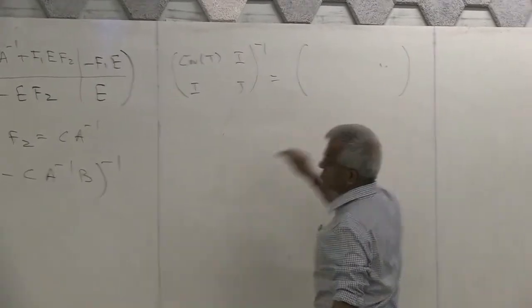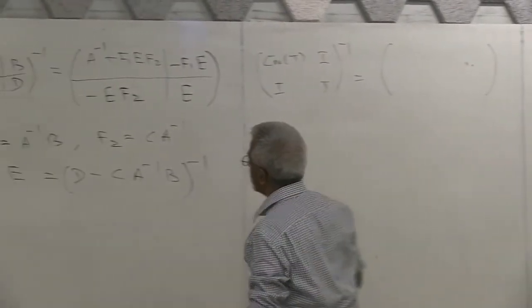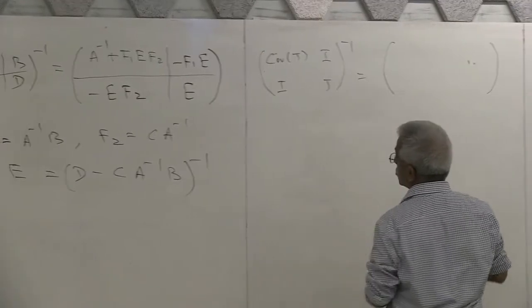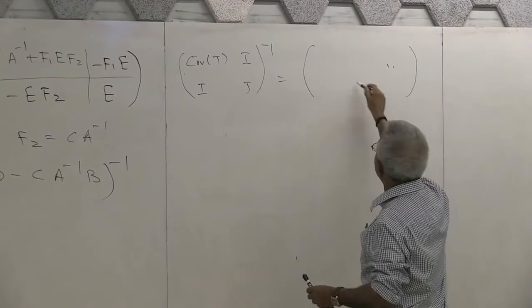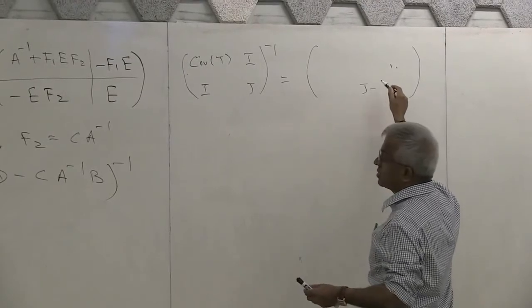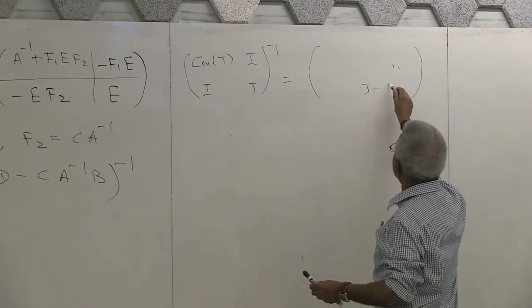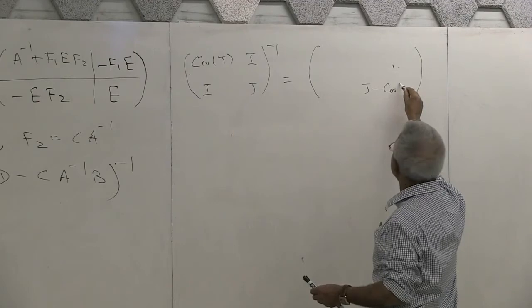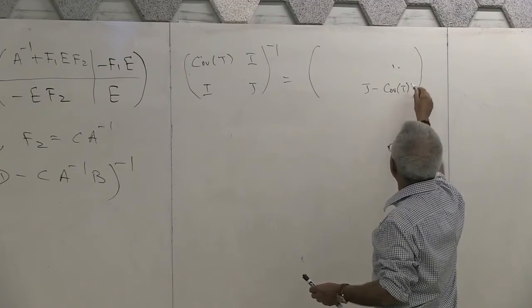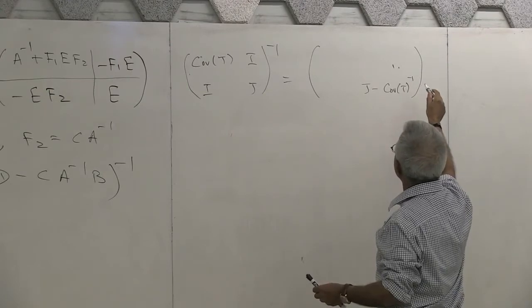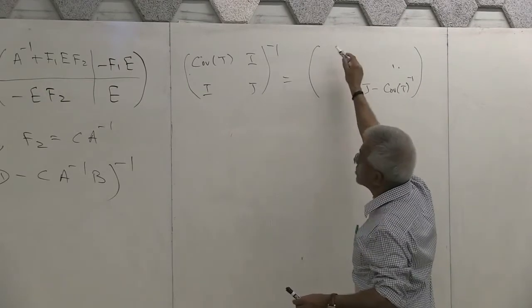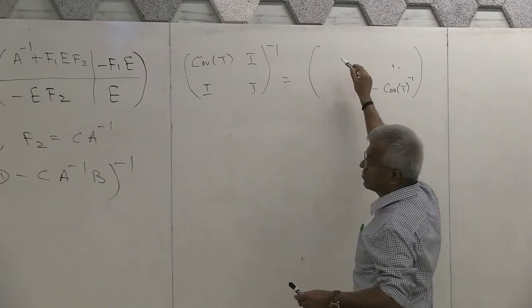The only thing that's interesting for us is the last entry. Look at the last entry. It will turn out to be, what is it? J minus C is I, right? Covariance of T, this inverse, right?